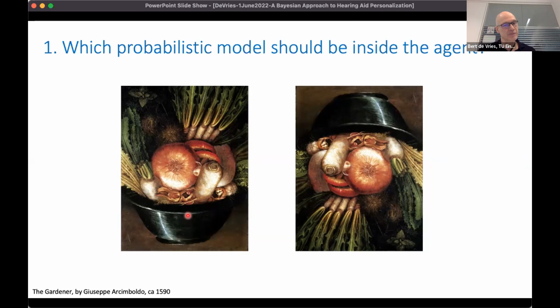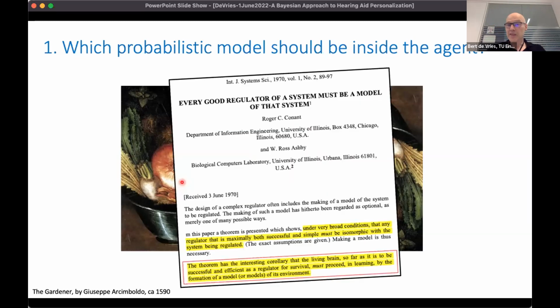And so when the sensory input comes in, for the left picture, you see this vegetable bowl and not an upside down face. What you just saw is an experimental confirmation of something already known some 50 years ago: every good controller or regulator of a system must be a model of that system.